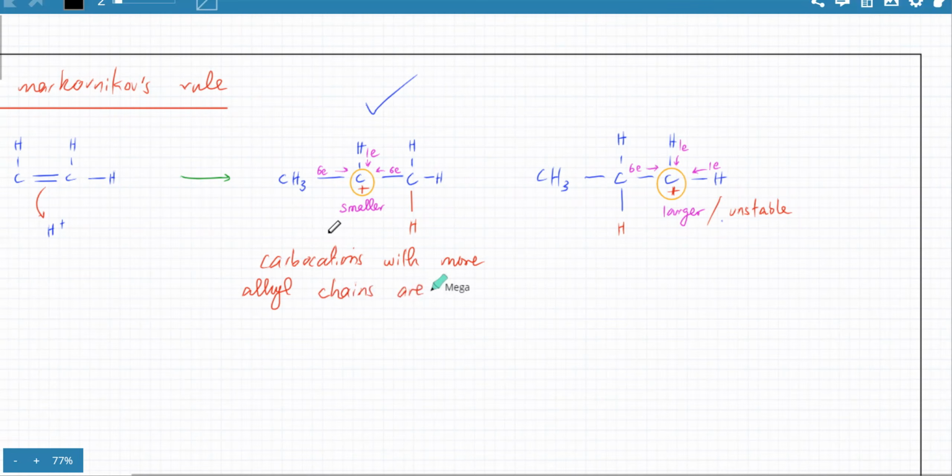Are more stable as alkyl chains have electron donating effect.